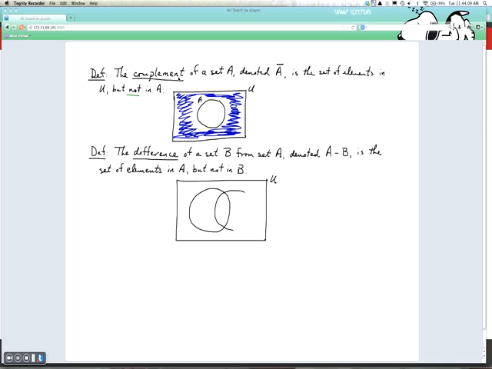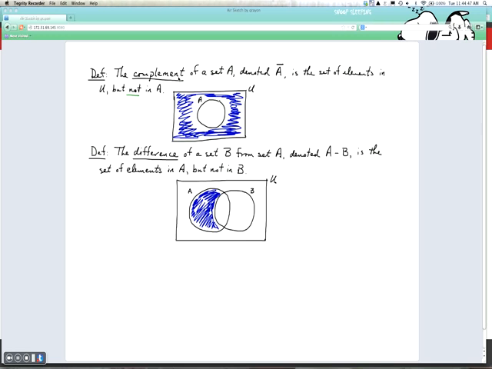Here's my set A. Here's my set B. If I'm looking at A minus B, or the difference of B from A, I take things that are in A, but not in B. So I'm looking at all these things that are in A, but not in B. In fact, it really looks like what you're doing.